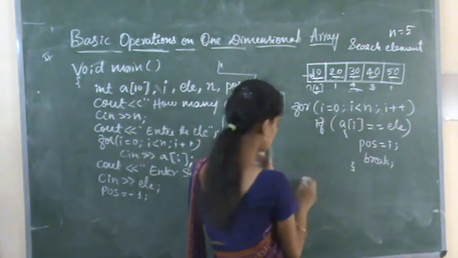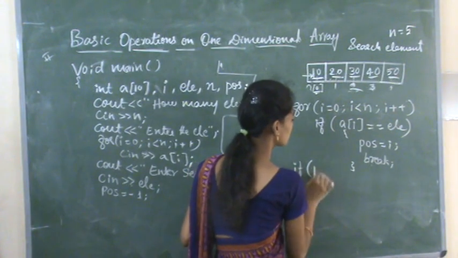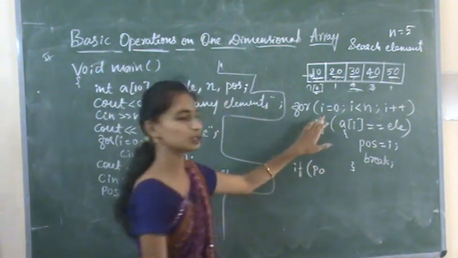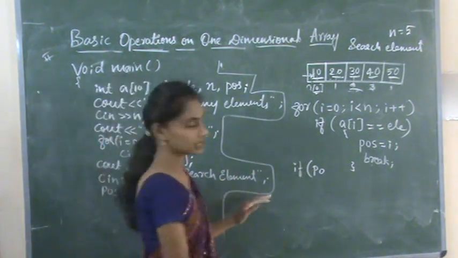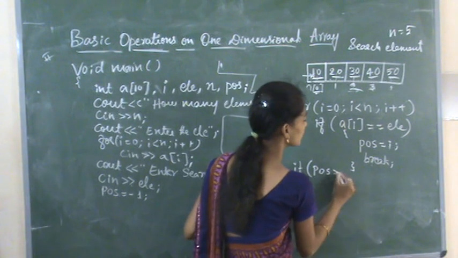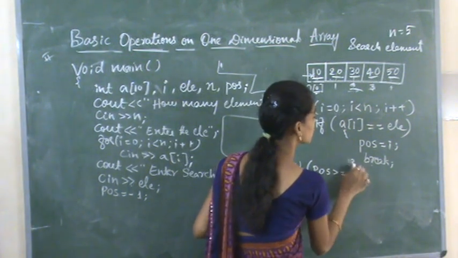After this we need to check whether this position is greater than or less than 0. For this we use POS is greater than or equal to 0.